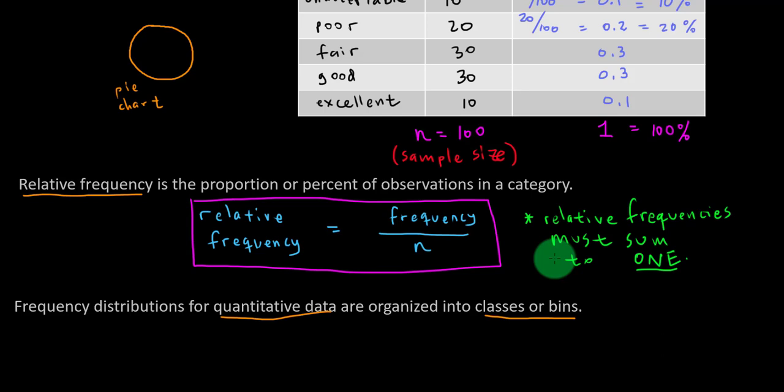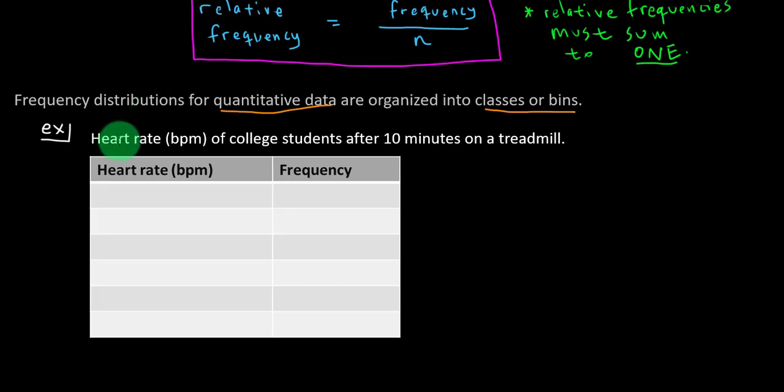And so a data set's going to have a lot more unique values, usually if it's quantitative, than if it were categorical. Let's look at an example.